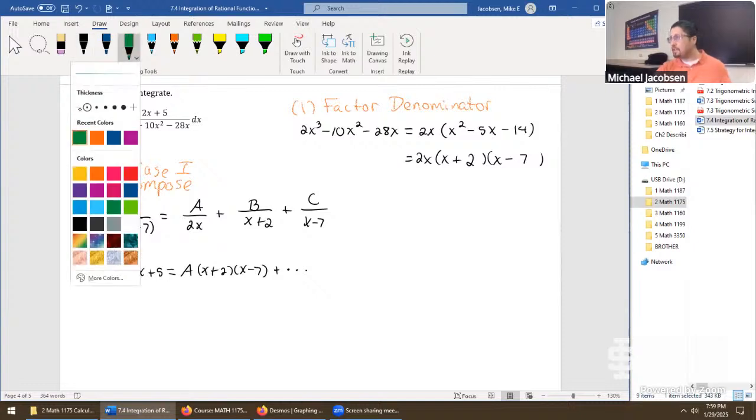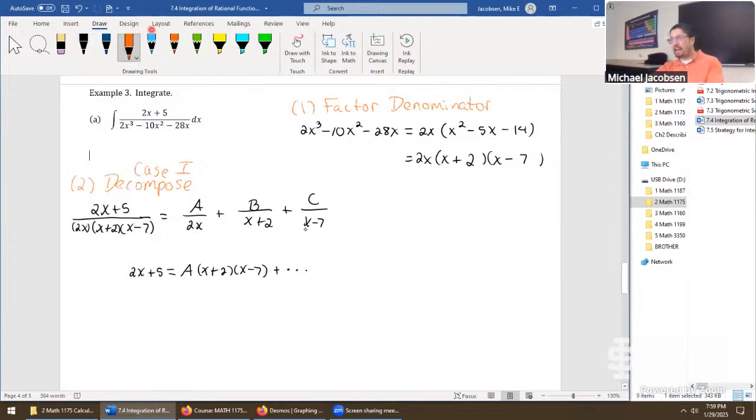If you still feel like it's kind of foggy how we got that, there's an additional thing that you can do. Clearing the denominators means you're multiplying by 2x, x plus 2, x minus 7 here, and then the full denominator gets vaporized. We just get 2x plus 5.